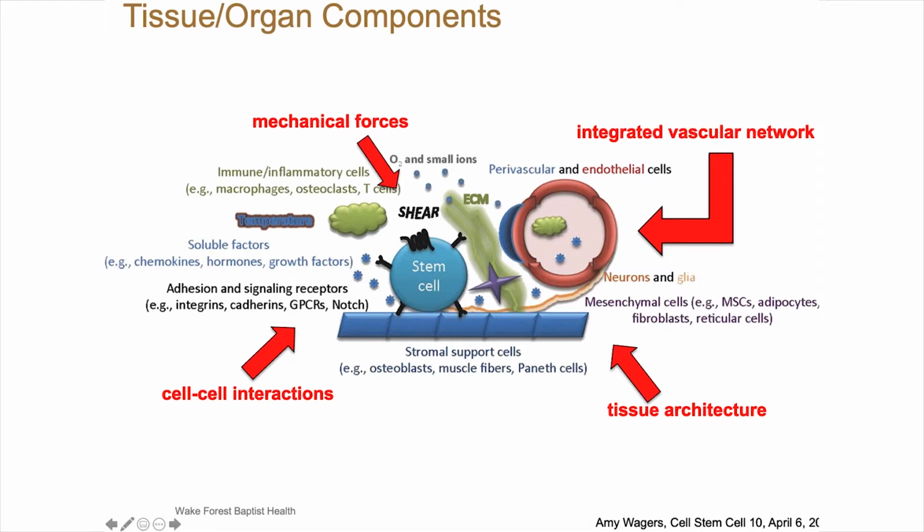There are mechanical forces that act on the tissues. There's shear stress through the blood vessels. And then the different types of cells talk to each other, so they don't live in a vacuum. And so when we talk about tissue engineering, all of these different aspects have to be taken into consideration. And that can be an overwhelming challenge at times.